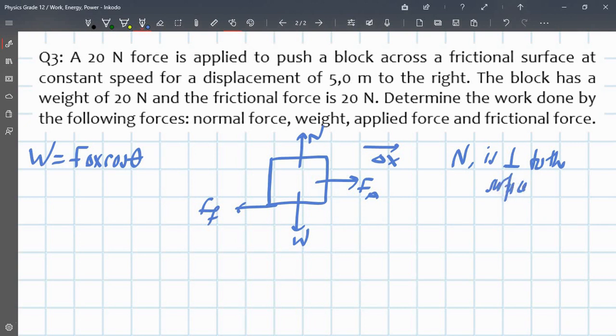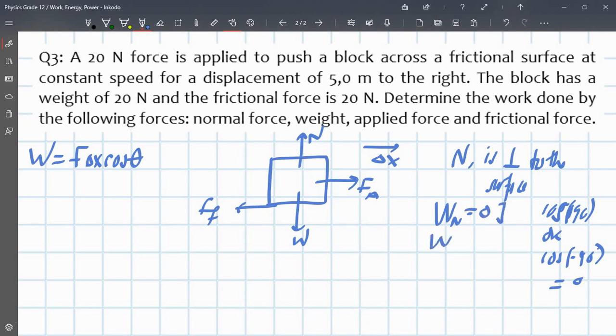Remember, we just said that cos of 90 degrees, or even if it's cos of minus 90 degrees, both of these will equal 0. So since the normal is perpendicular to the surface, work done by the normal is equal to 0 joules.